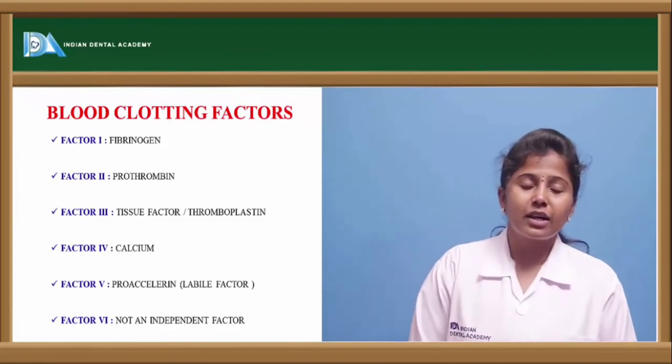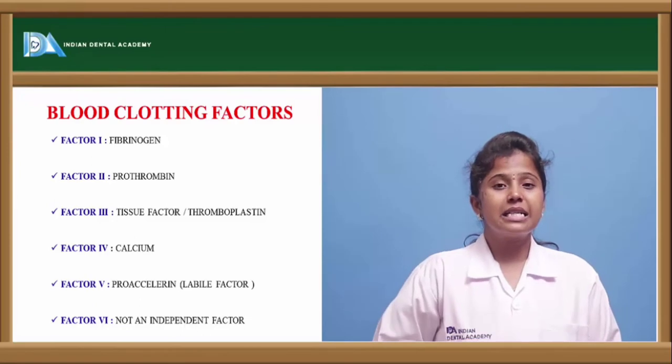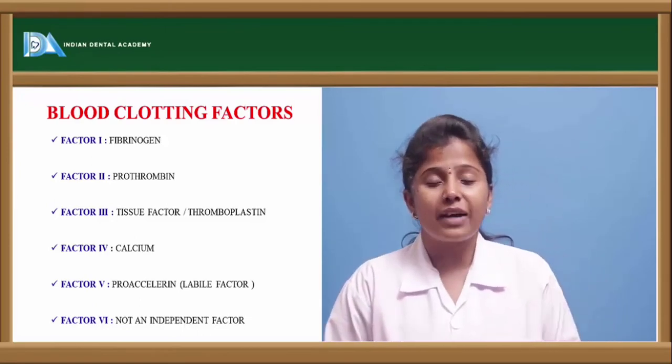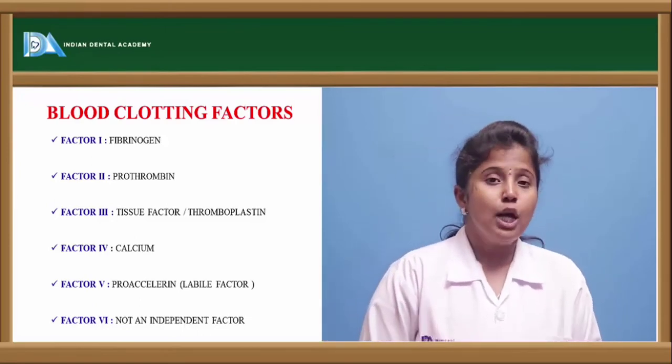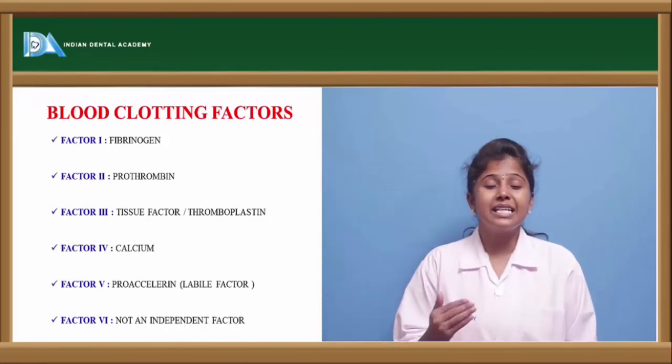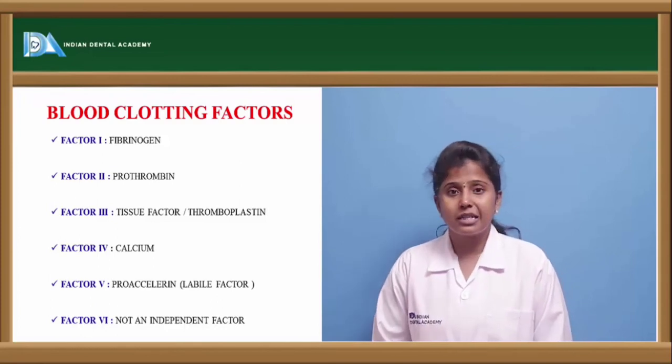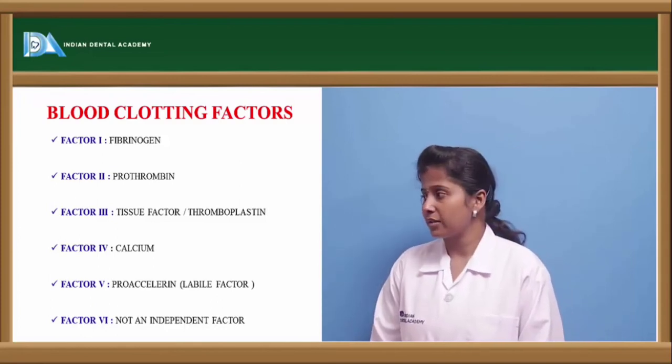This factor was not given any name, but recent researchers said that factor 6 is called accelerin, because it aids in the acceleration of clot formation. That is the reason this name is given to this factor.